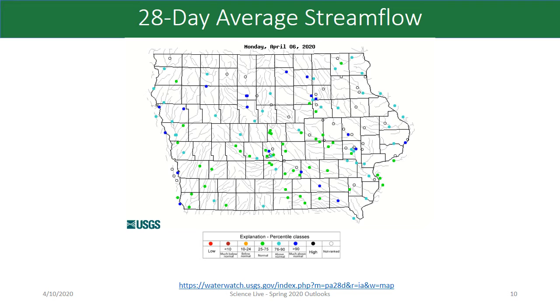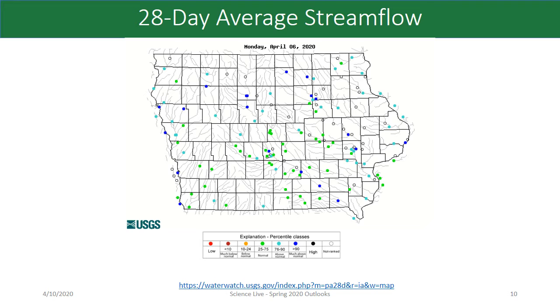Now, given the wetness of the subsoil, 90th to 95th percentile, as I said, pretty near capacity, a lot of the precipitation that we get doesn't soak in. It runs off into our streams. So anywhere where you see green to blue dots, that's normal to above normal stream flow.